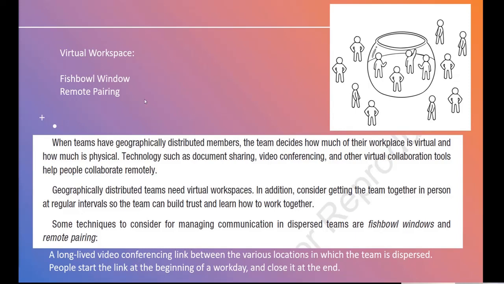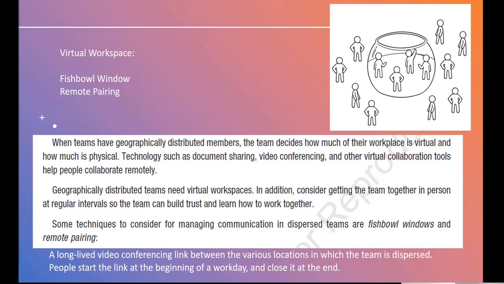Fishbowl means there will be some kind of video conferencing, and it's a long-lived video conference link between the various locations in which the team is dispersed. People start the link at the beginning of the workday and close it at the end.